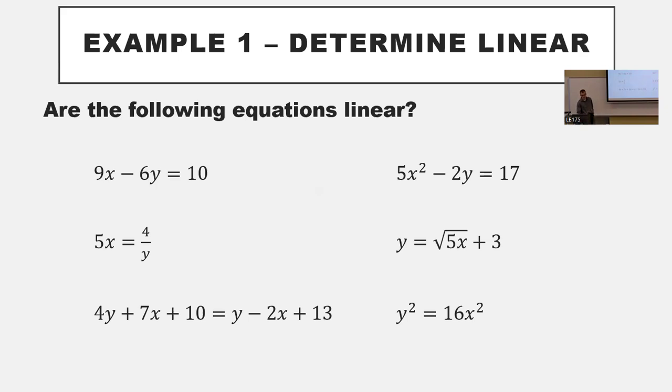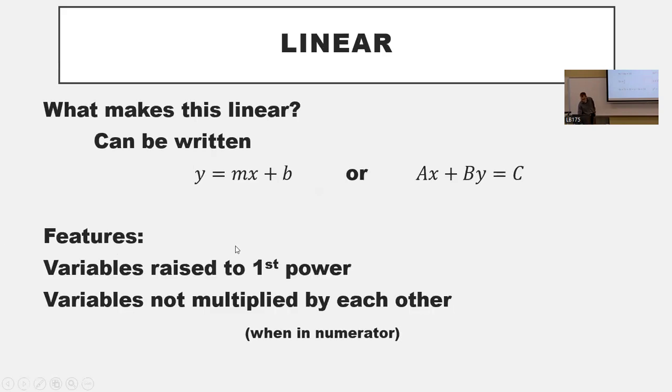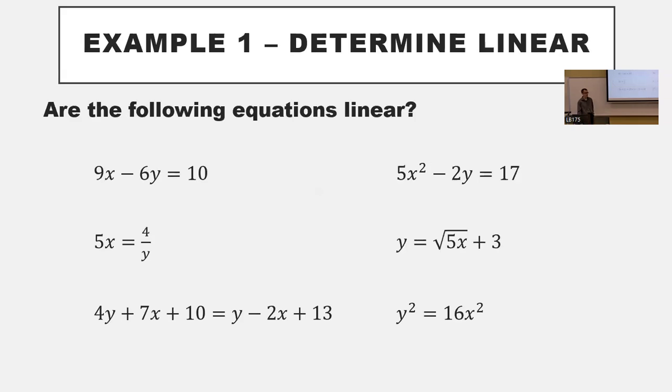It looks like ax plus by equals c. It has that form, so that's one way to think of it. Another way is that the variables x and y are raised to the first power, and they're not multiplied times each other.